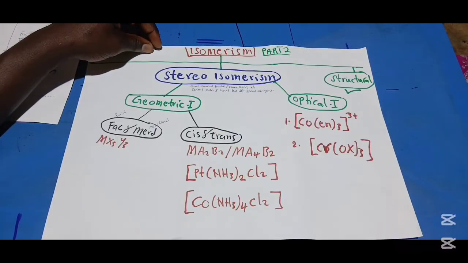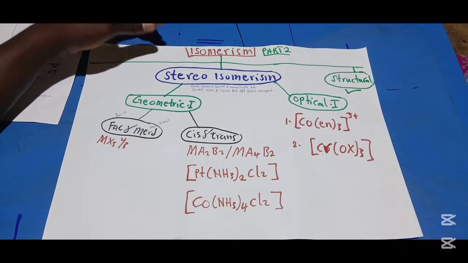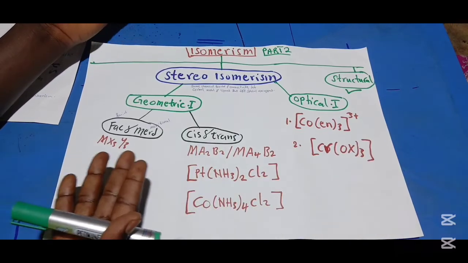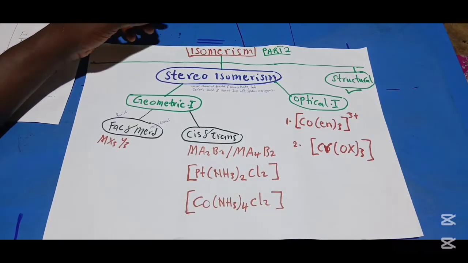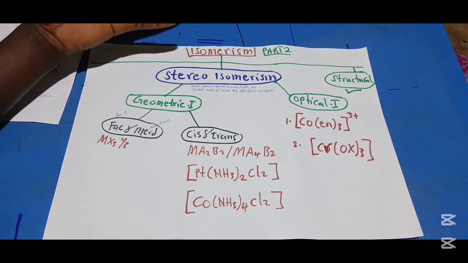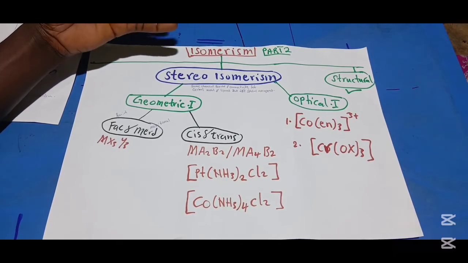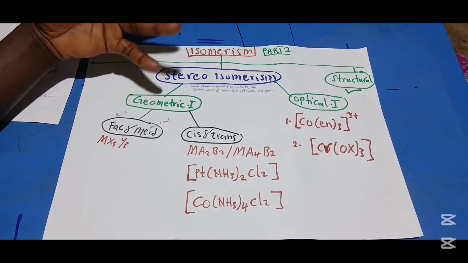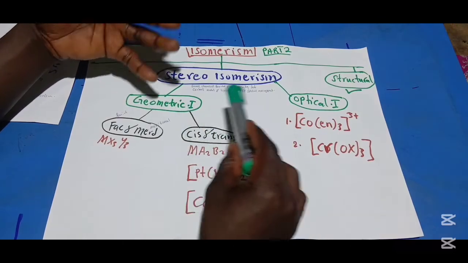So we have treated structural isomerism in coordination complexes. Like we said earlier, coordination complexes exhibit two types of isomerism, structural and stereoisomerism. For structural, the complex has the same number and types of atoms but different bond connectivity.